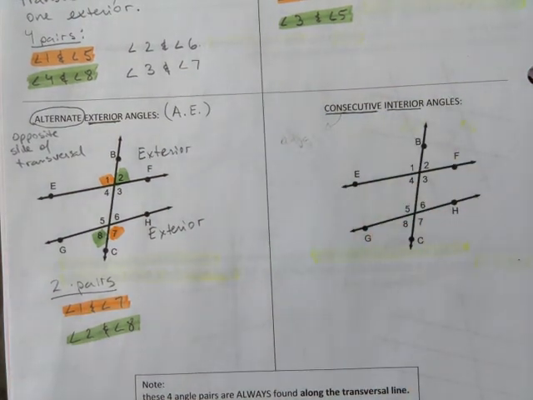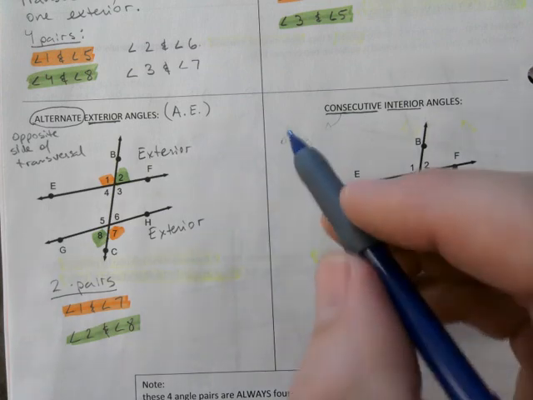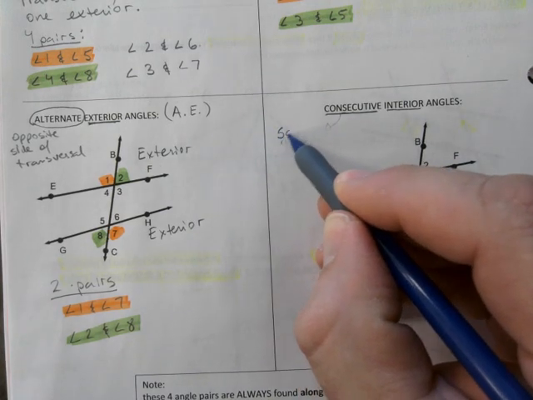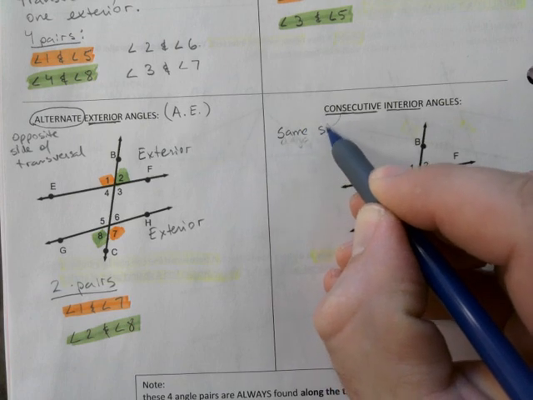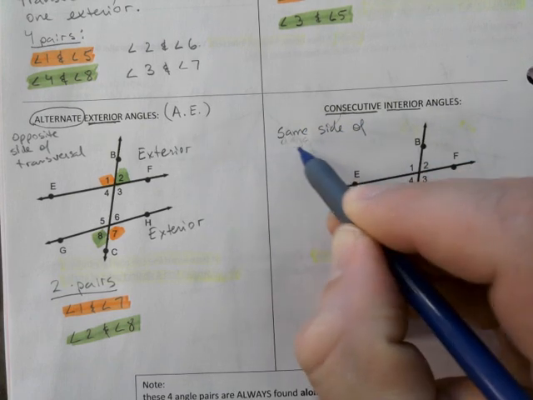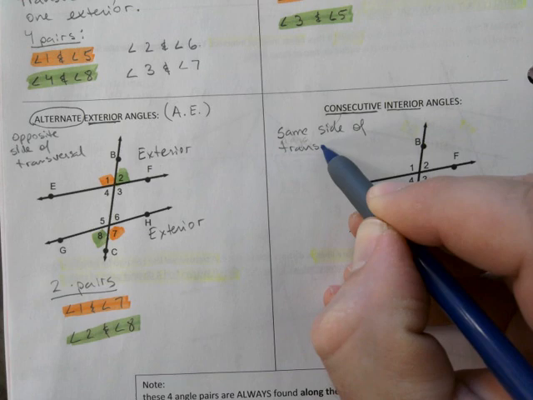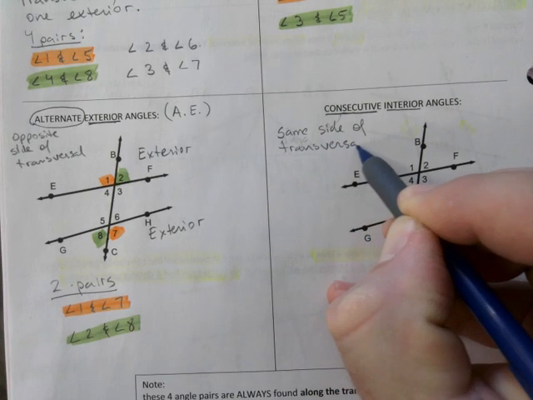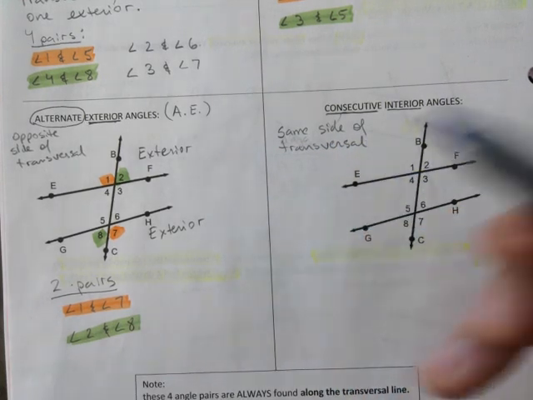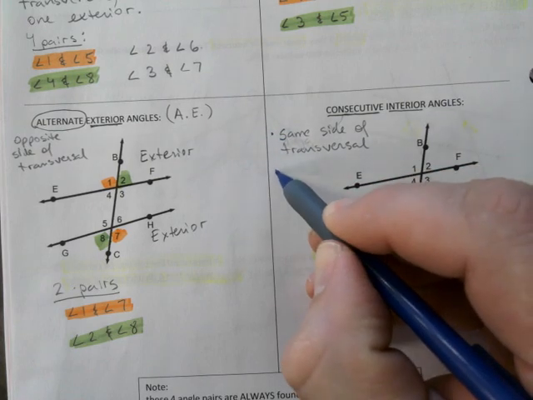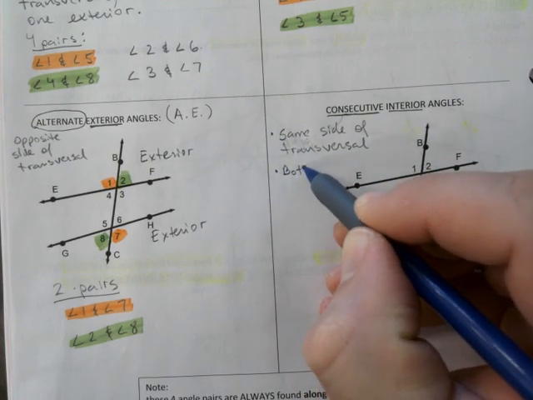Consecutive interior. I will just say this: same side of transversal. That's the first bullet. Both interior.